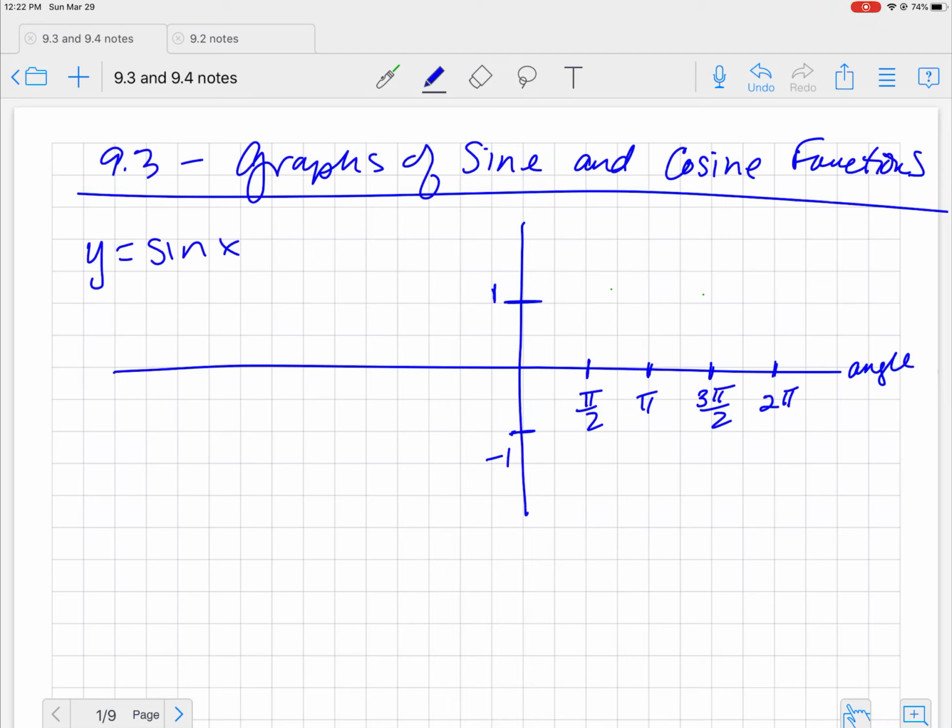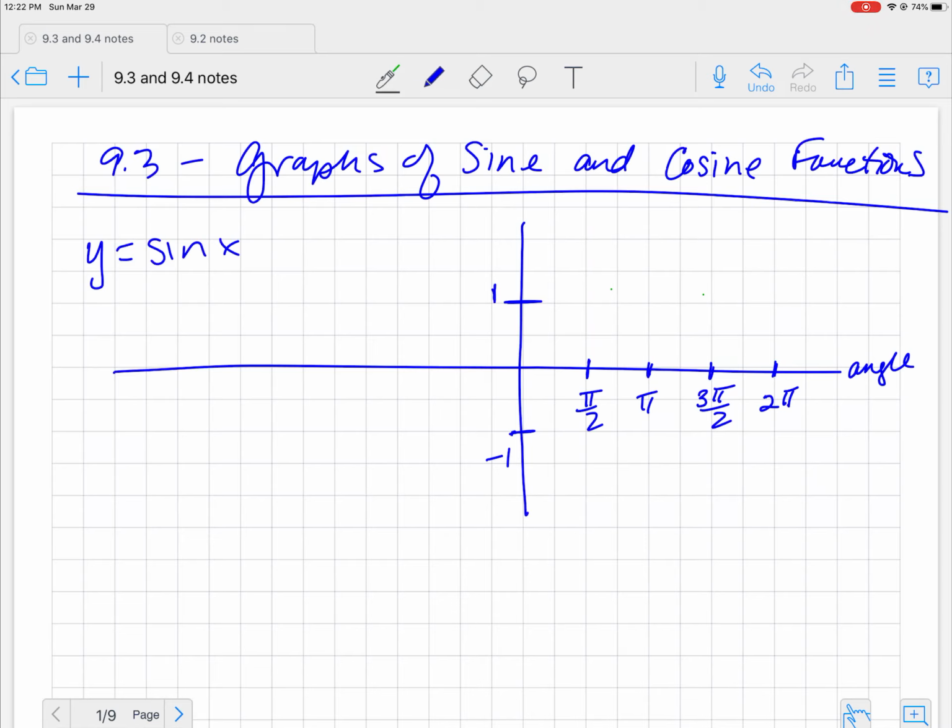Your x-axis, if you will, that I'm looking at is actually going to be our angle measurements. So that's going to be our angle measures that we're looking at. My output here, because this is sine, is going to be the y values. All right.